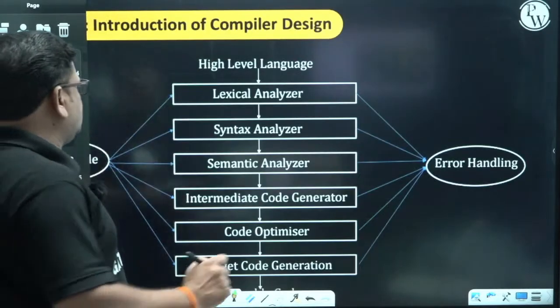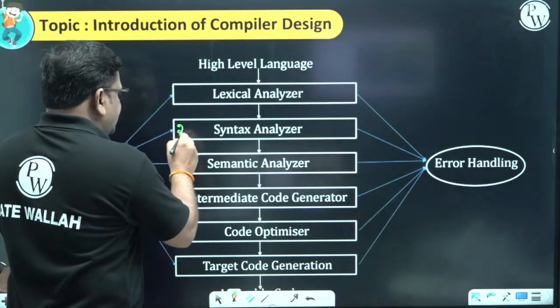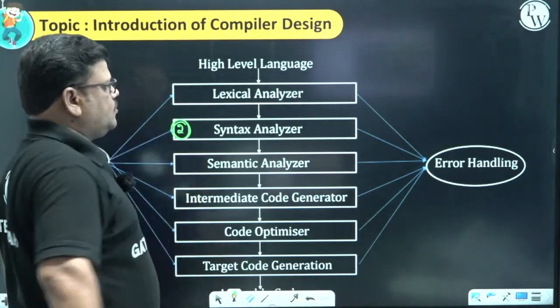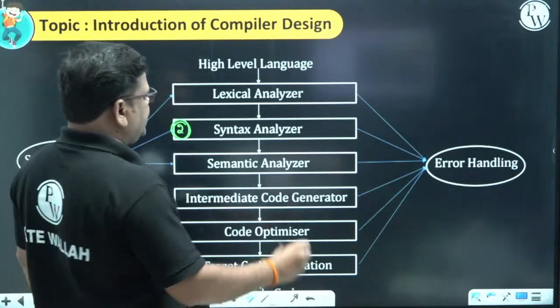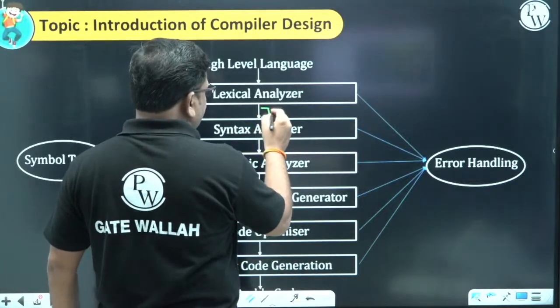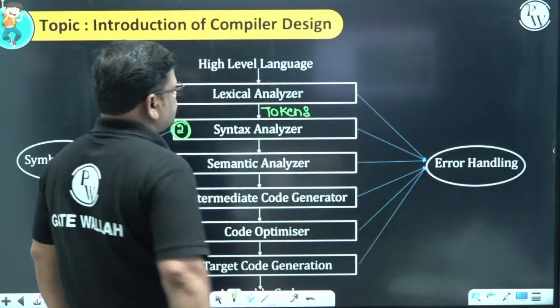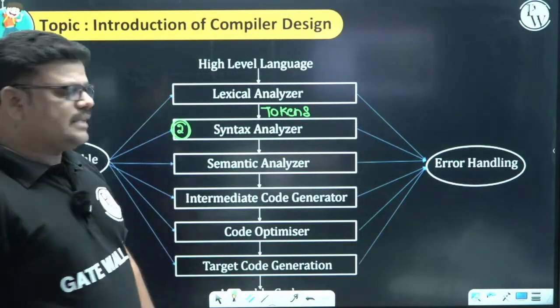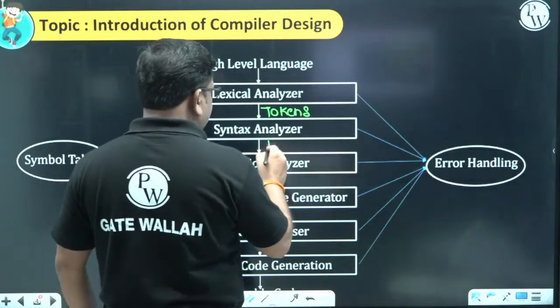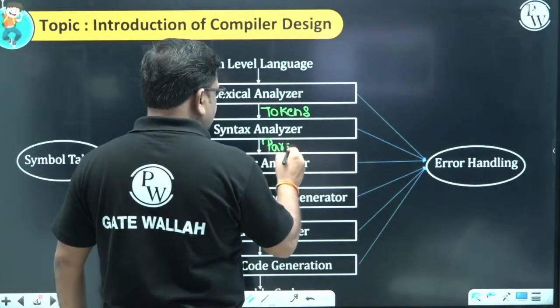we are in the design of the second phase, syntax analysis. What are the inputs of syntax analysis? The input of syntax analysis, as we already discussed, is tokens. What is the output of the syntax analyzer? The output is the parse tree.